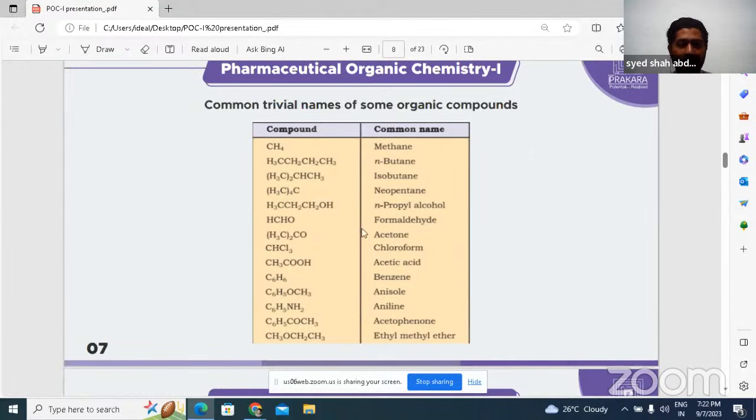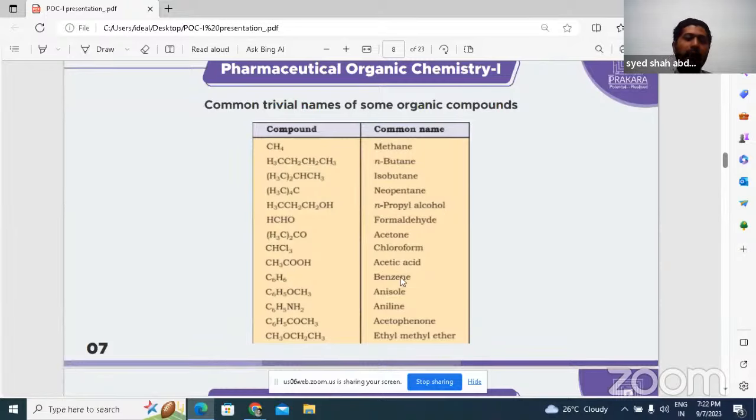For example, formaldehyde, acetone, chloroform, acetic acid. Okay, if you go by IUPAC, the name of acetone is propanone because it is a three-carbon ketone. Like acetic acid, if you go by its IUPAC naming, it would be ethanoic acid. It is a two-carbon carboxylic acid.